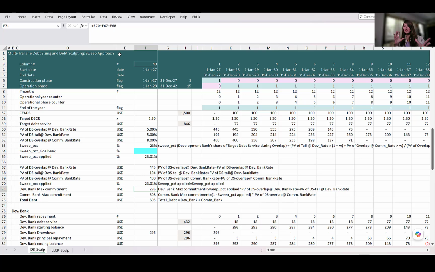So this approach, we first separately calculate the sizing of tranche 1 and tranche 2, and then we add them up to get the total debt.